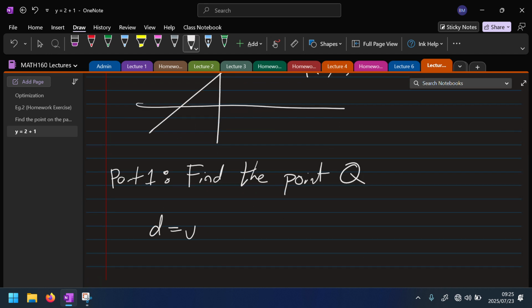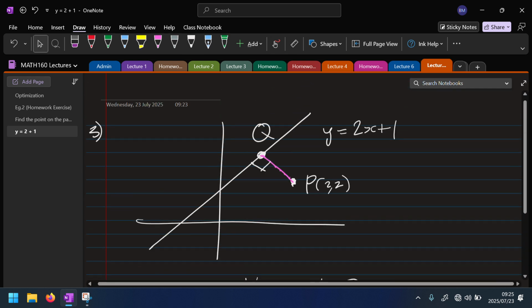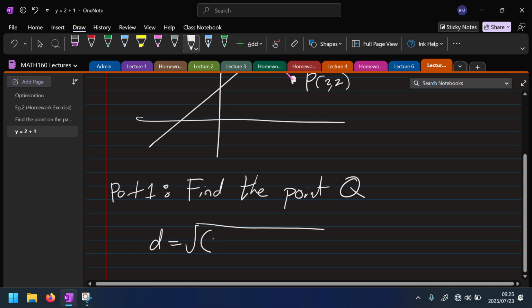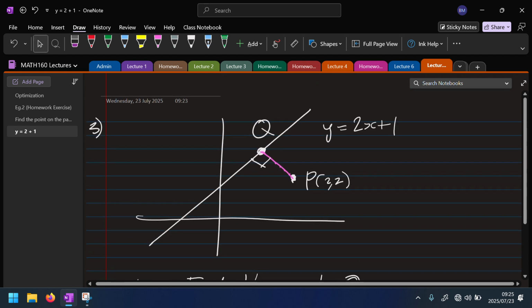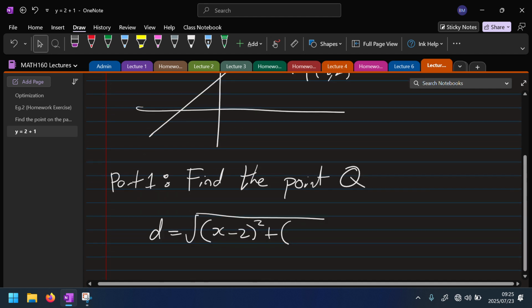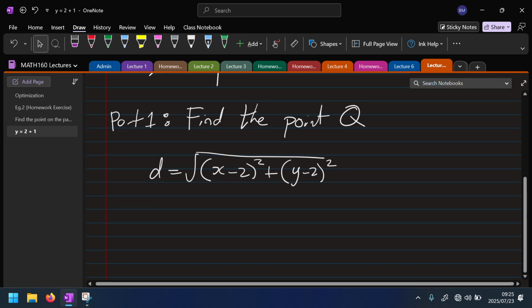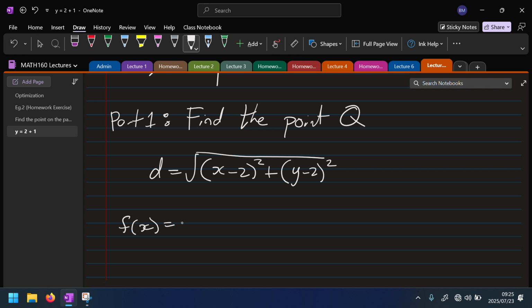So D for distance, that is the root of, let's say Q will be some (x, y), so (x minus 2) squared, and then (the y value minus 2) squared. And again, same reason as before, we're not going to work with D, we're going to work with some function f, which is D squared.